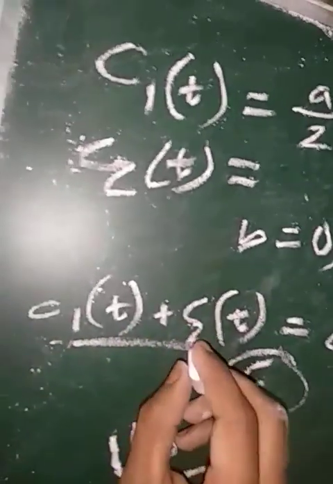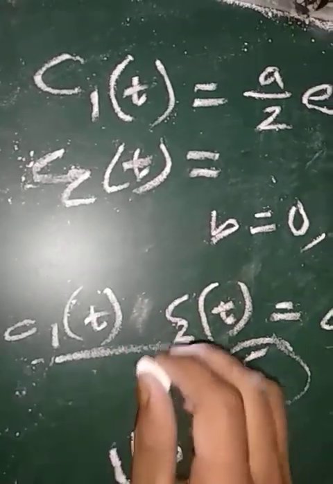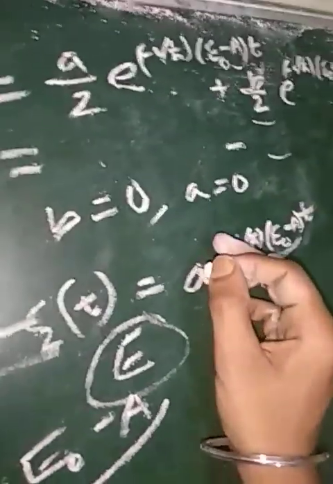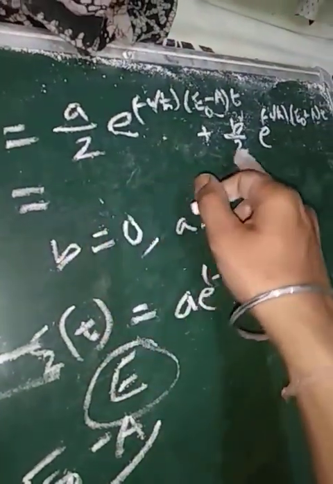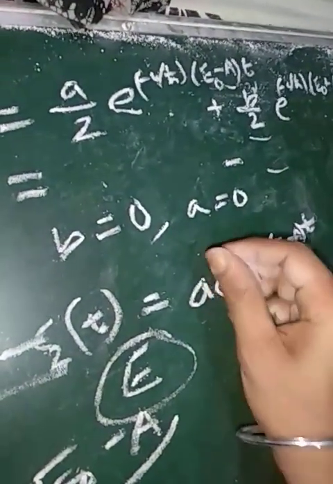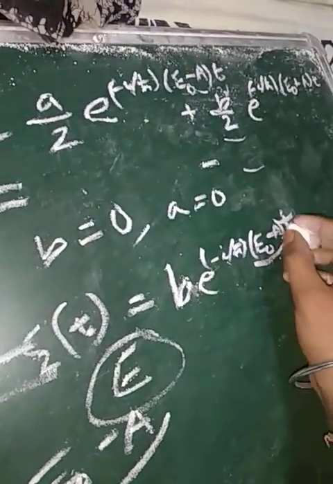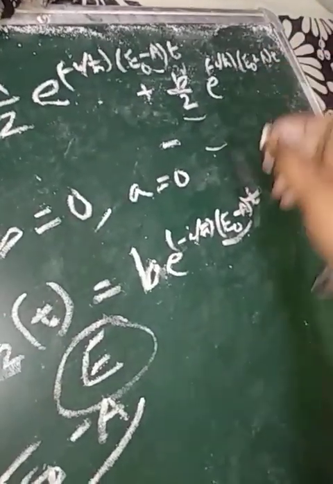Similarly, if C1 minus C2 (t), we can see that this thing minus this thing, this will be 1, and this thing minus this thing will come out to be B e to the power (E naught plus A), isn't it?